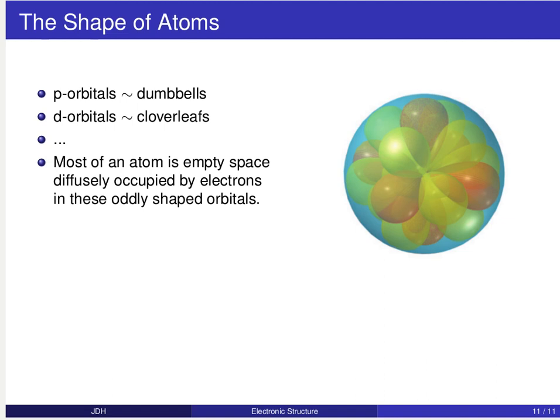All right, so to sum it all up here, the shape of atoms has now been answered as satisfactorily as we're going to be able to. Okay, electrons exist in these wave function orbitals that have a size that is defined probabilistically. Right?